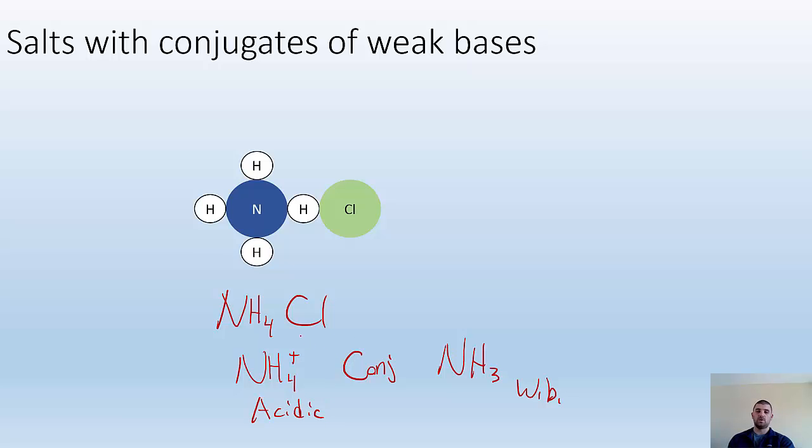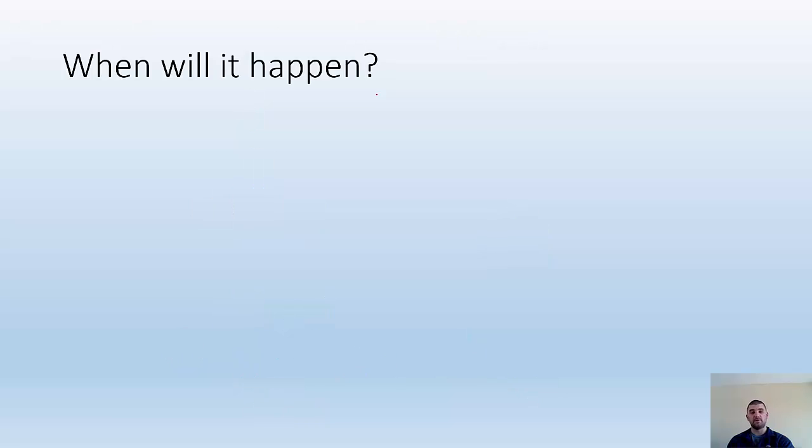So what happens is when we put a salt that has the conjugate of a weak base into solution, it's going to break apart. Now that we have this conjugate acid, it's going to give off an H+, which is going to affect the pH, because pH is negative log of H+, right? So salts with the conjugates of weak bases will also mess with the pH.